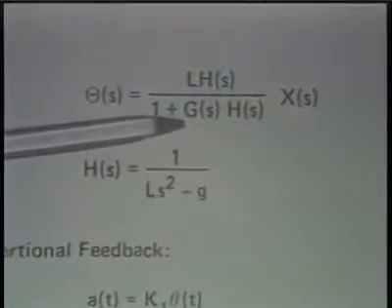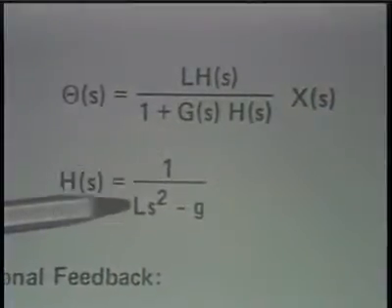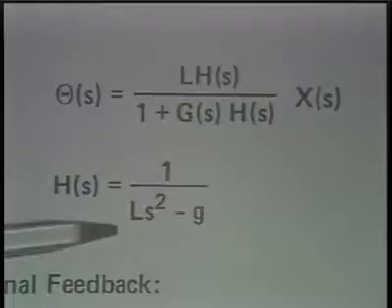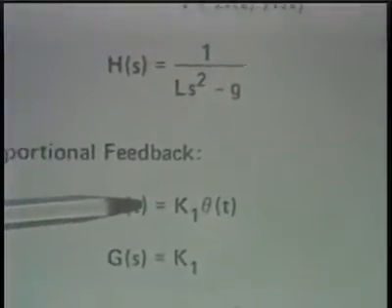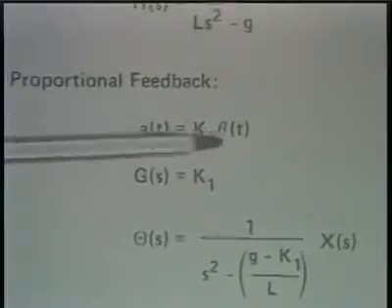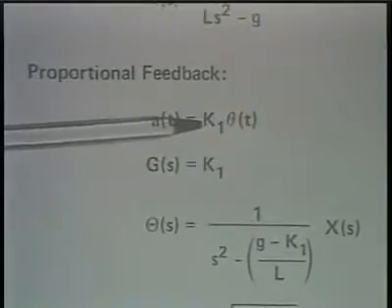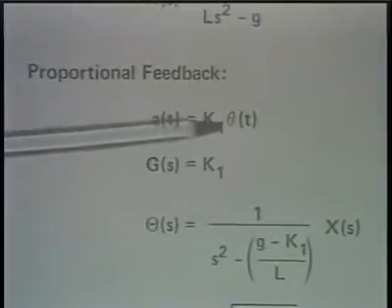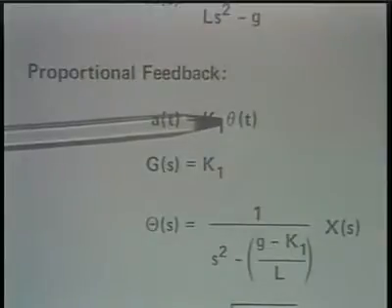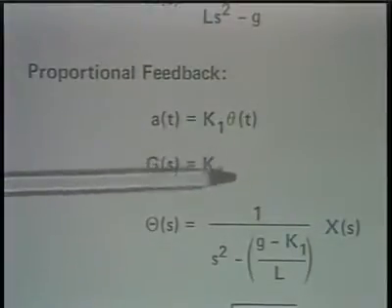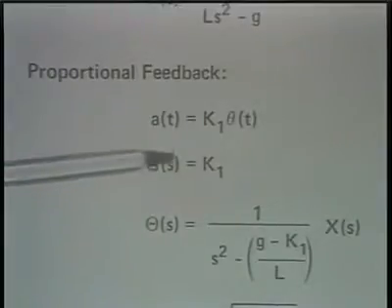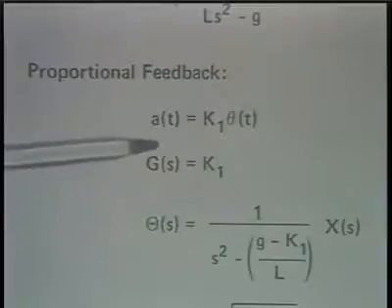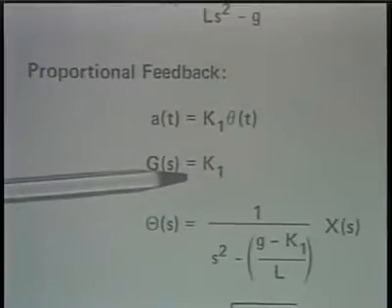Now, using proportional feedback, we choose the acceleration a of t to be directly proportional, through a gain or attenuation constant k1, to the measured angle theta of t, and consequently the system function in the feedback path is just simply a gain or attenuation k1. So this then is the system function for the feedback path.